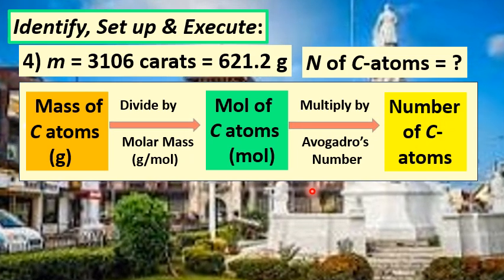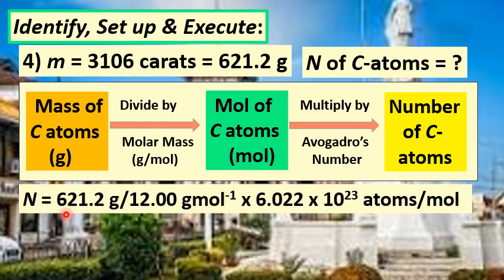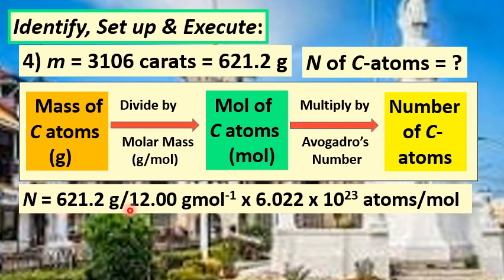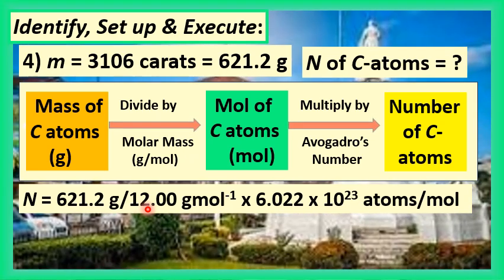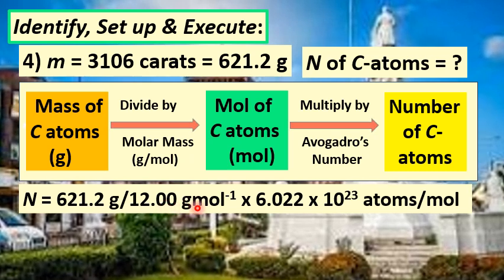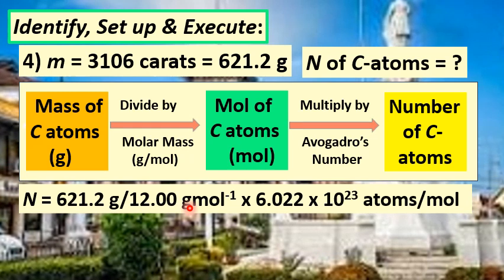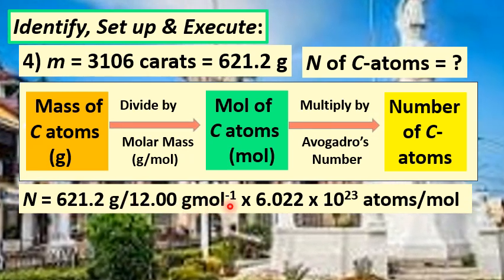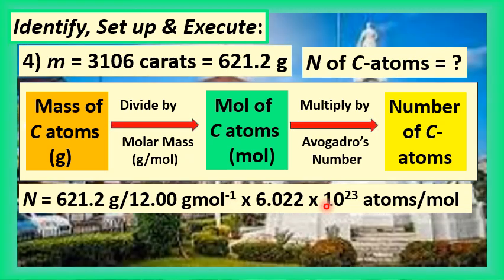So following this formula, we find the number of carbon atoms, capital N, equals 621.2 grams divided by the molar mass of carbon, carbon 12 that is, which is 12.00 grams per mole in 4 significant figures. So the unit grams cancels, and then the result will be multiplied by Avogadro's number.